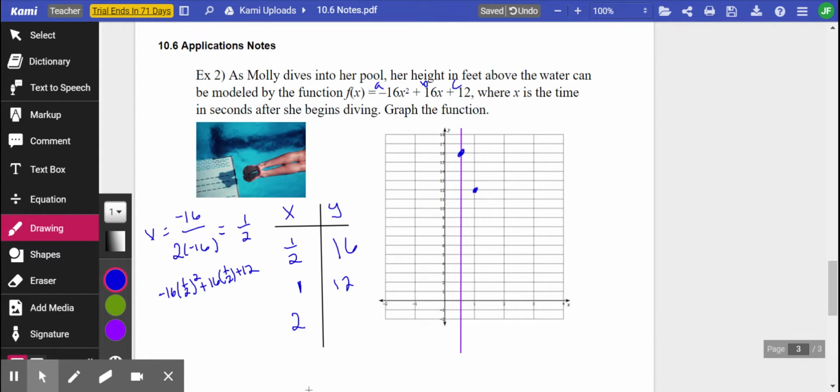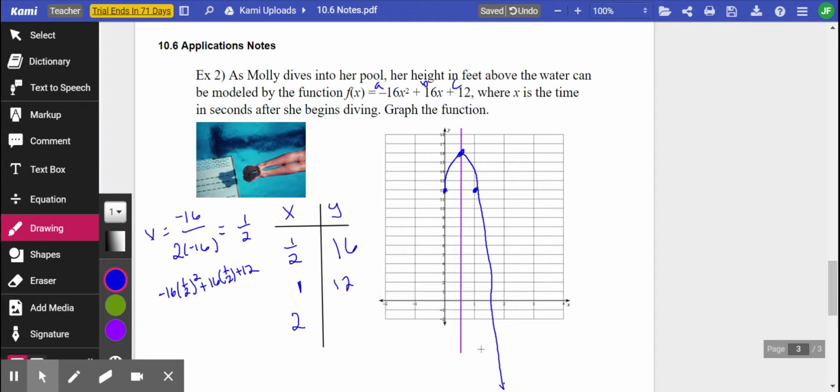And then when I plug in 2, I get negative 20, which you notice won't fit on the graph. It's way down here. So keep that in mind. We can reflect this so that we have our starting height, and then our parabola looks like this.